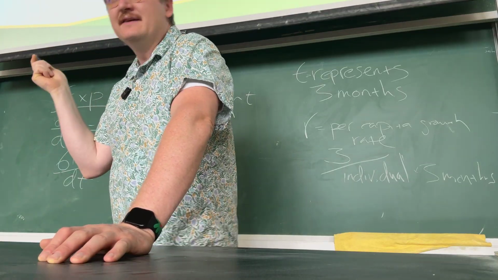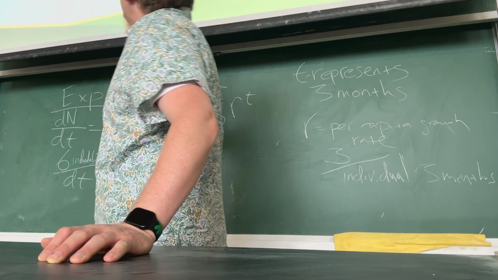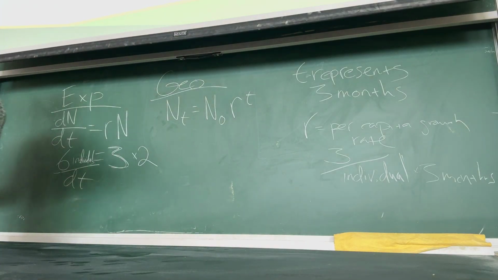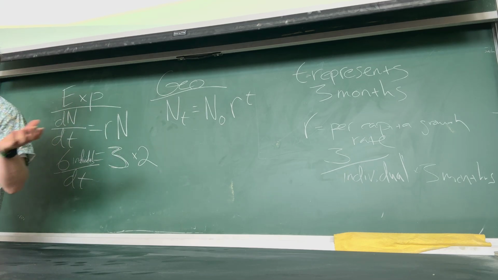Okay, ready? More terminology coming your way. Some of it you've already seen. Carrying capacity: how many individuals can be supported by the environment? How big can the population get? It's usually determined by intra-specific competition, because this model is only including a single species. So this model only cares about moose right now.